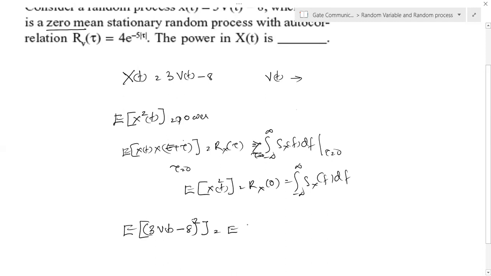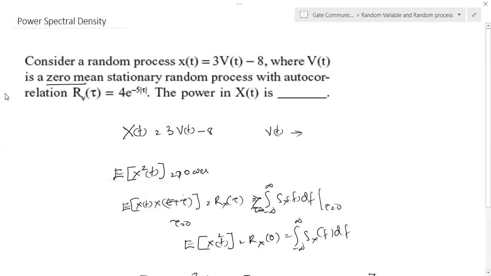So if you expand this equation, it becomes 9 v square of t plus 64 minus 48 v of t. Okay. So in the question it is given v of t is a zero mean stationary random process with autocorrelation function. That's also given.